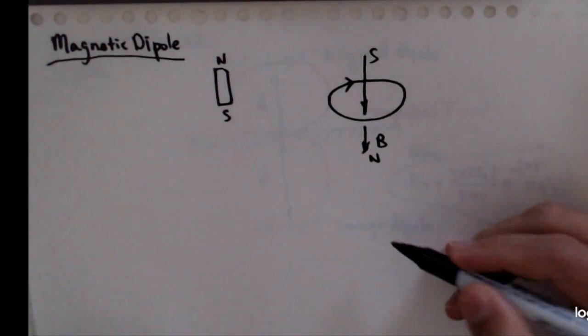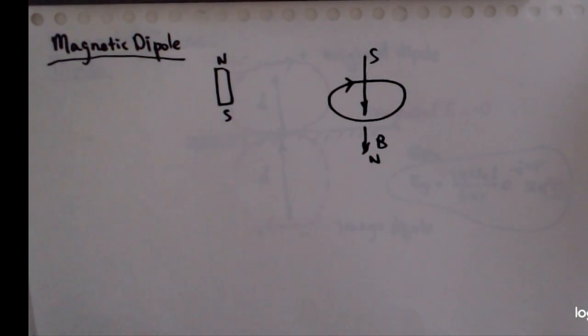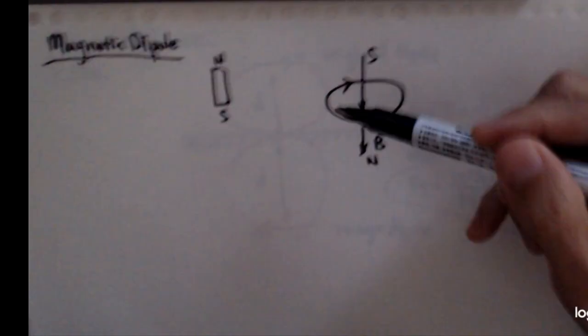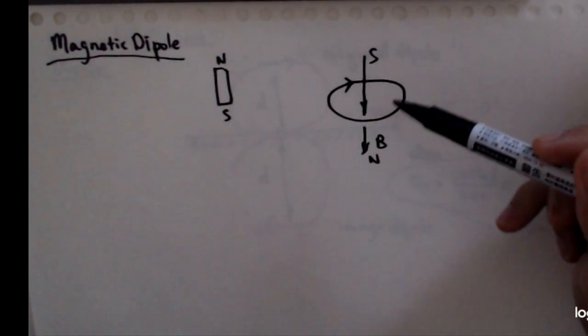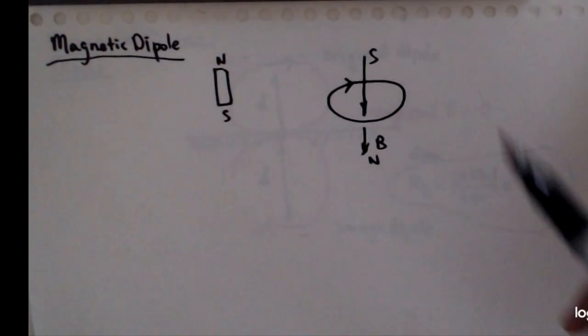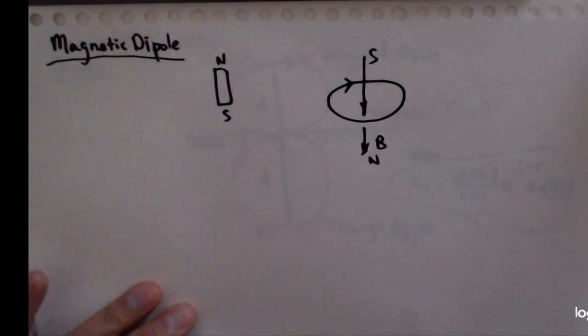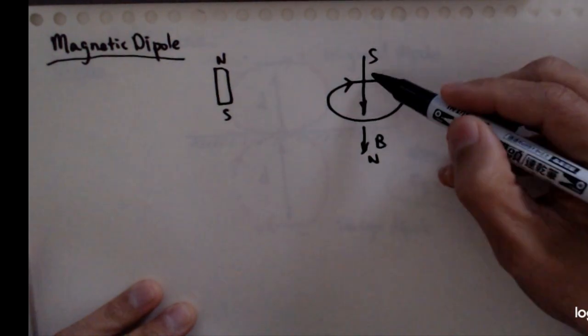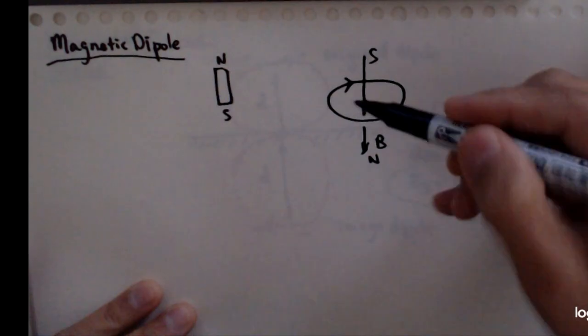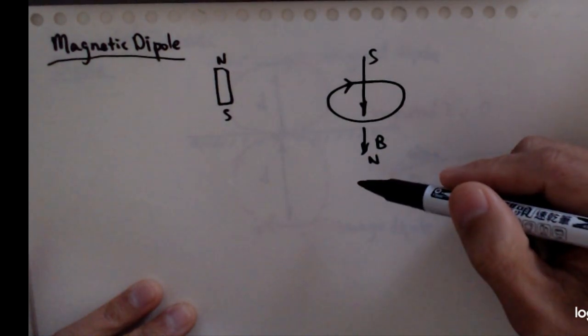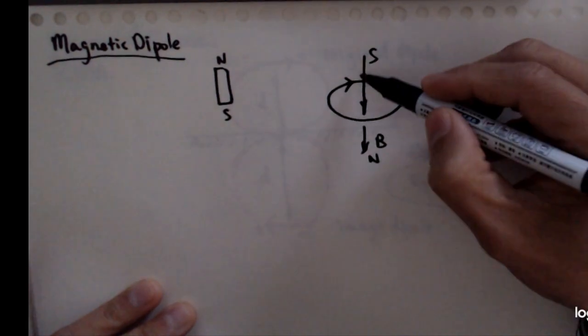So this is the so-called dipole. And another thing I want to talk about is magnetic current. The scientists of the past have tried to correlate the magnetic dipole with electric dipole. What they did was they created another current, the so-called magnetic current.